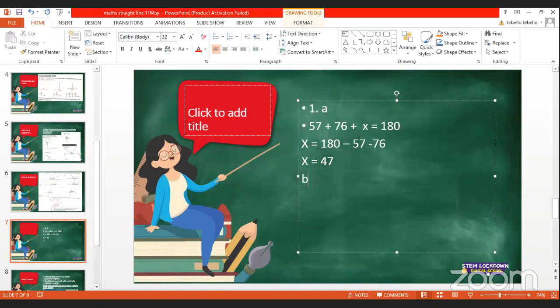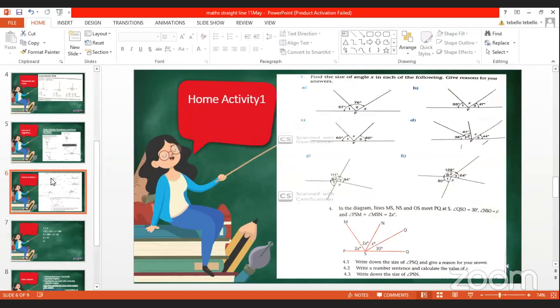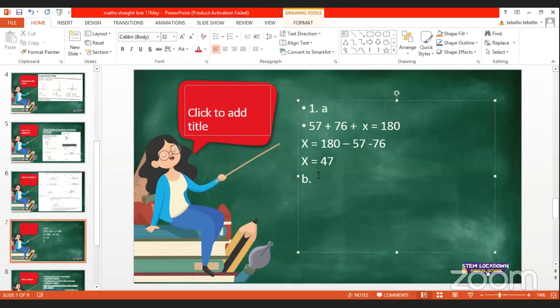So let's move on to number B. On our straight line F, we have 3 angles, which represent 55 degrees, 47 degrees, and our X. So we also need to do the equation before we can calculate our value for X. So for number B, we'll have 55 degrees plus X plus 47 degrees equals 180 degrees.